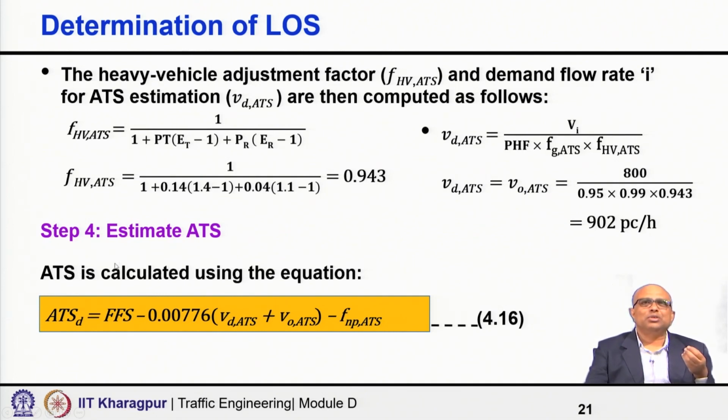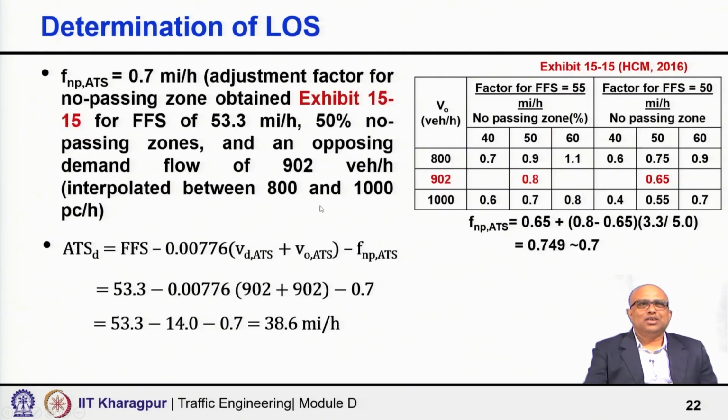So, now we can calculate ATS. For calculation of ATS, we use equation 4.16. What we need to calculate here is FD, VD ATS and VO ATS, which are known: 902. What we need to calculate is basically FNP ATS. So, for the no passing zone adjustment factor we use Exhibit 15.15, as I have shown here.